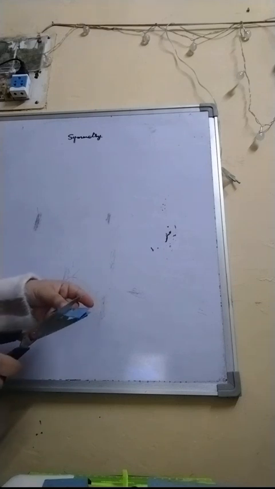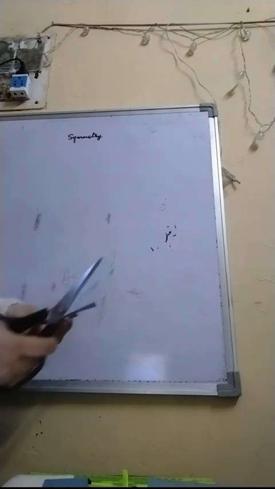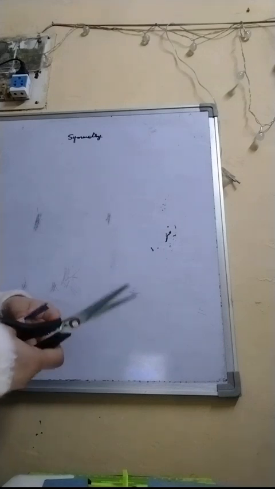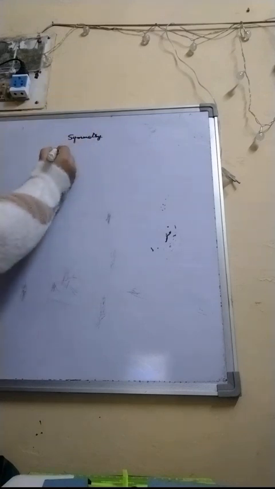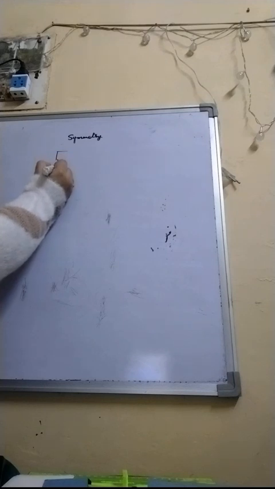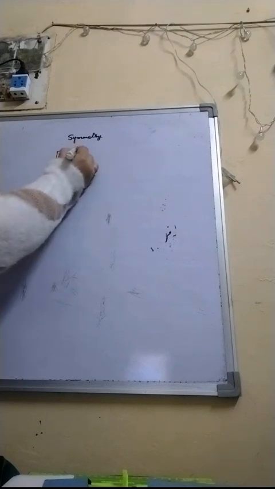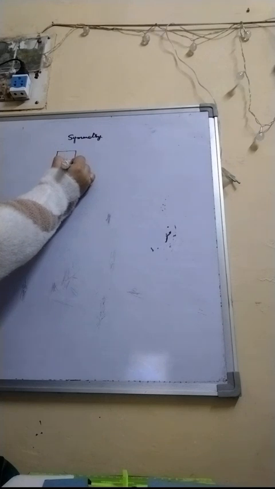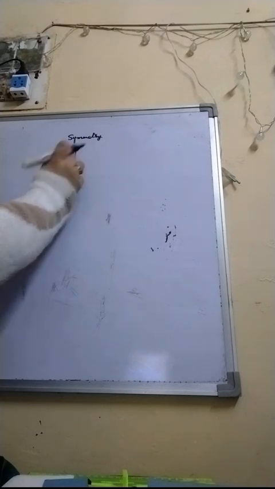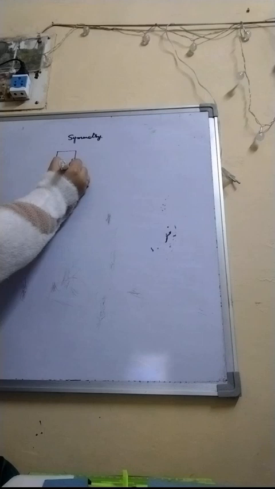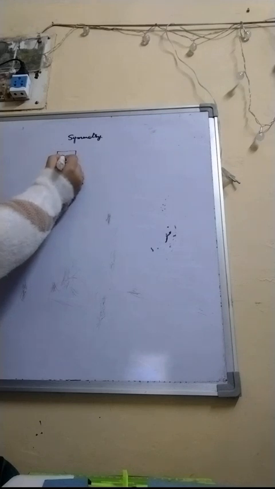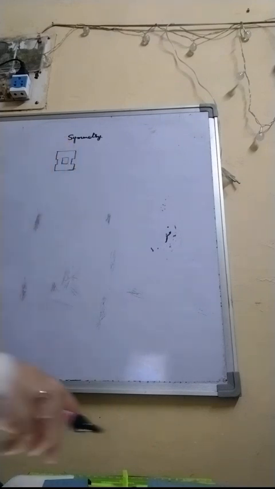Can you predict what would be the figure? Well, you can easily predict in this case that figure would be like this. And there would be a rectangle over here, somewhat like this.